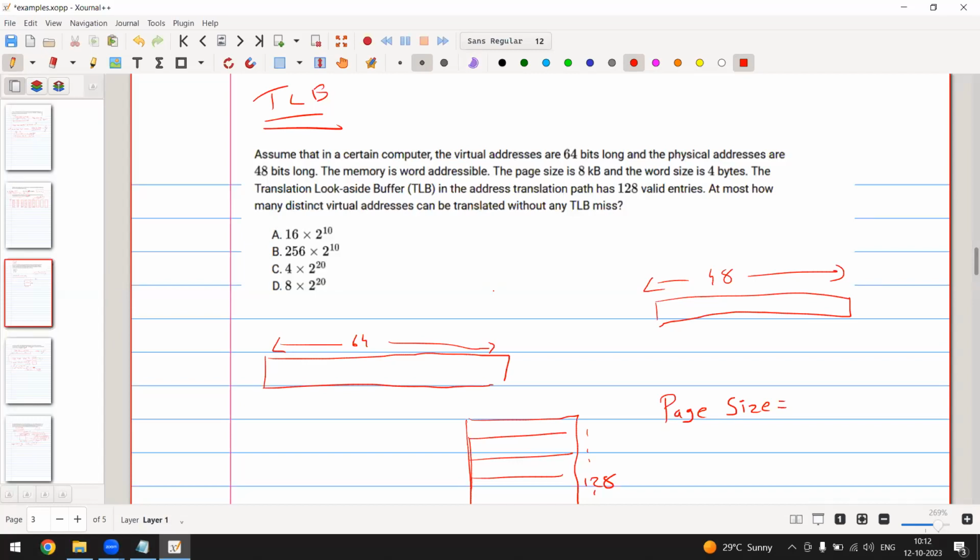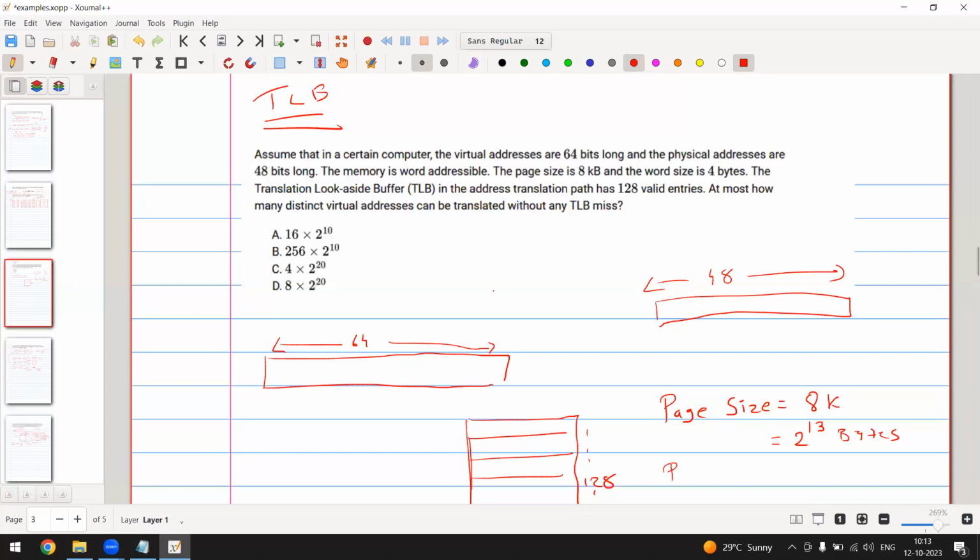Page size is 8K. 8K is basically 2 raised to 13 bytes, but the word size is 4 bytes.